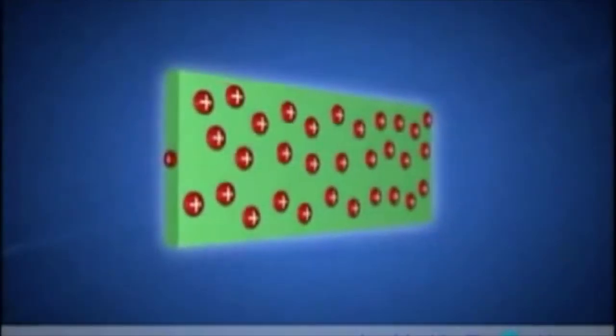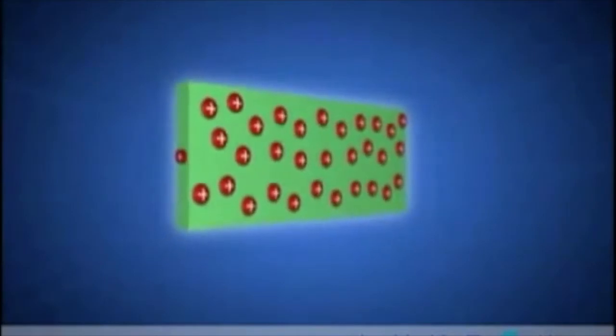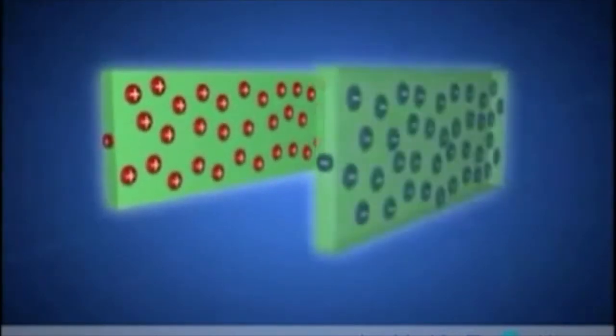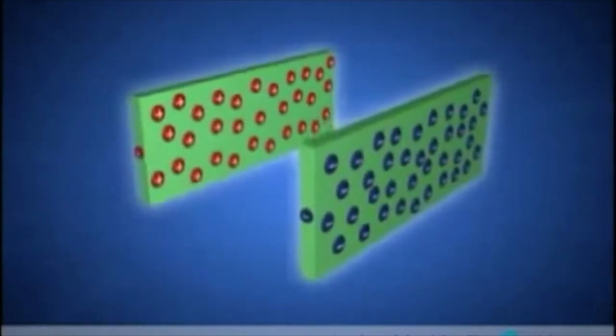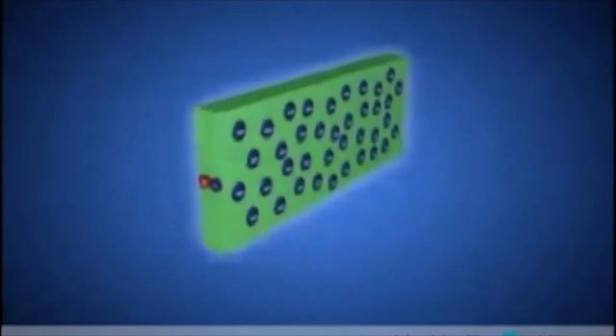In simple terms, here's how an LED works. An LED is a basic semiconductor device. P-type semiconductor material containing positively charged carriers called holes is combined with N-type semiconductor material containing negatively charged carriers called electrons to create a diode.